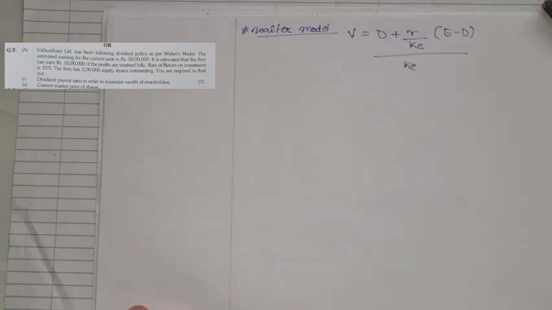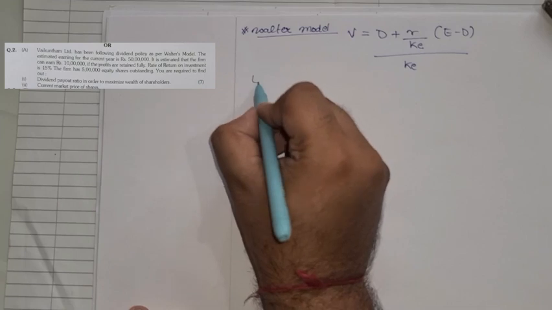Now if you look carefully in the question, many things are missing from this. First thing is, there is no dividend given in the question, there is no earning also. So first of all, let us find earning.